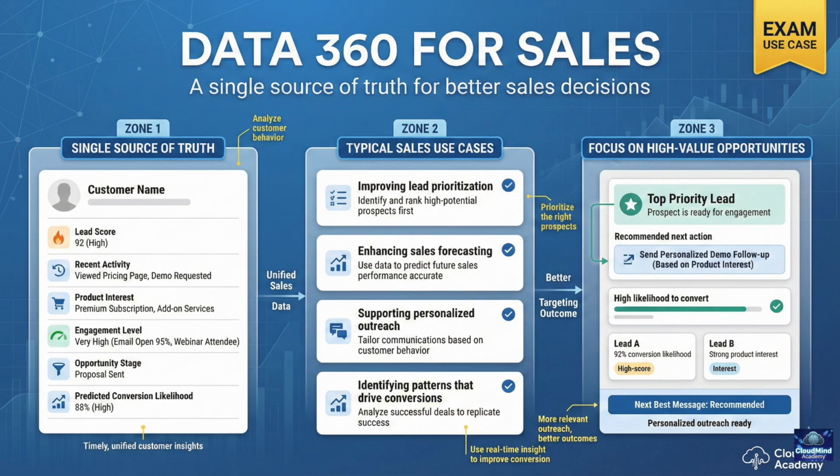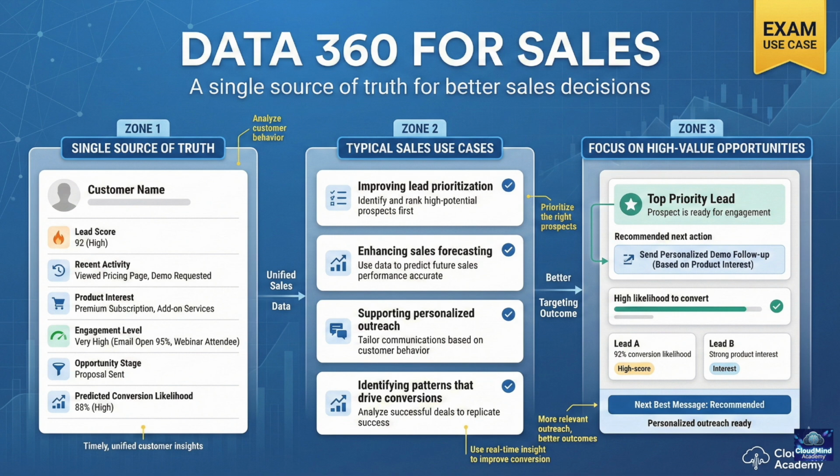Data 360 for sales. In sales, Data 360 gives teams access to a single source of truth and more timely customer insights. Typical sales use cases: improving lead prioritization, enhancing sales forecasting, supporting personalized outreach, identifying patterns that drive conversions.